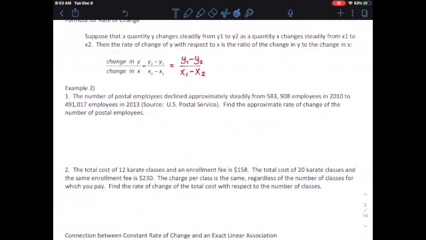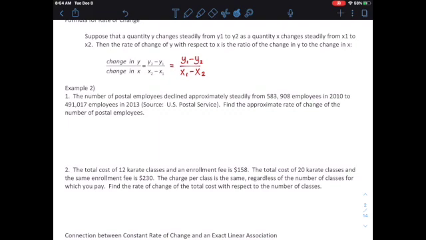Now for example number 2, some people will actually write that as an ordered pair so you can see it a little bit better. But read the question to see which one should come first as x, and which one should come second as y.